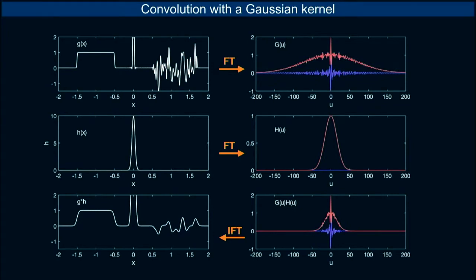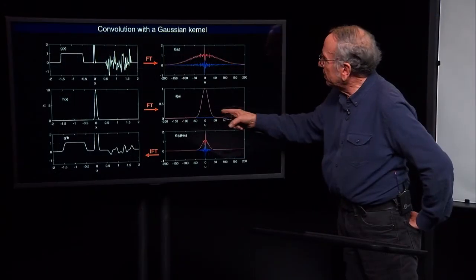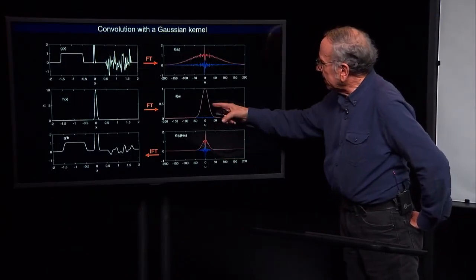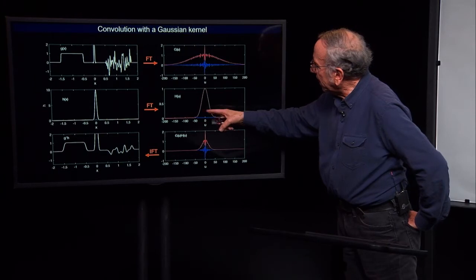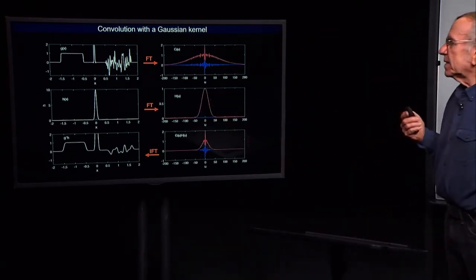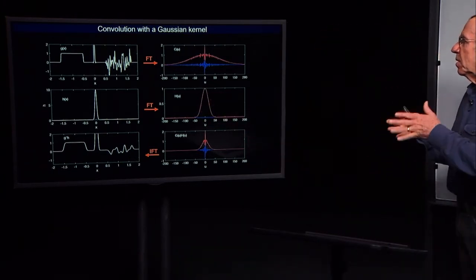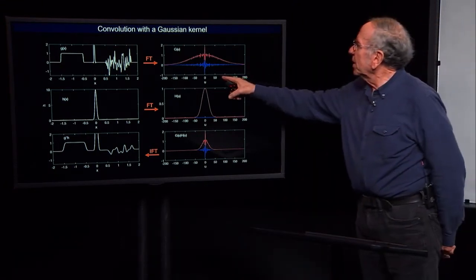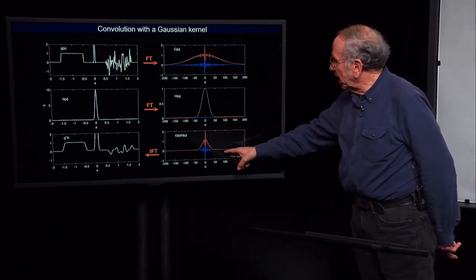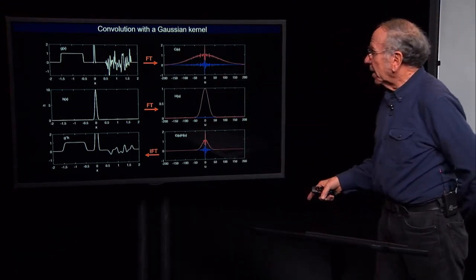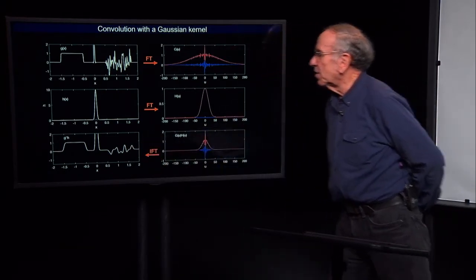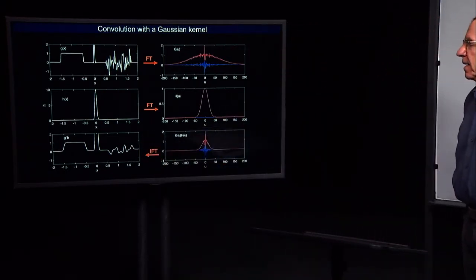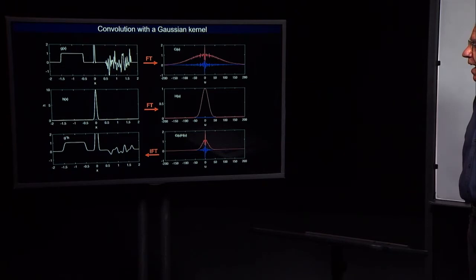So I just multiply this by that point by point, and I get this. You can see that the main effect of multiplying by this H of u is to dampen the higher frequencies, higher values of u, down to 0. And when I do the inverse Fourier transform, then I get the smoothed out values.